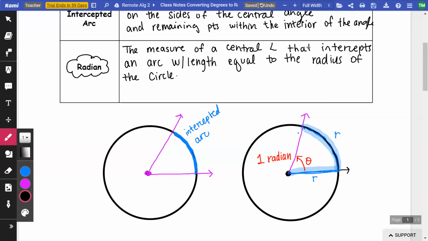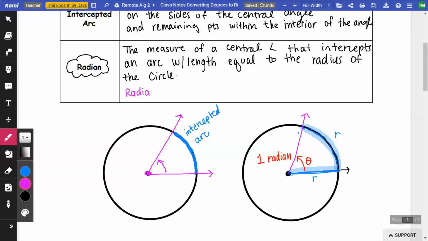So a radian measures the amount of rotation from the initial side to the terminal side, just like how we measure an angle in degrees. We're still measuring the rotation of the angle, and we're still measuring essentially the angle, right? But instead of talking about it in degrees, we're talking about it in radians.